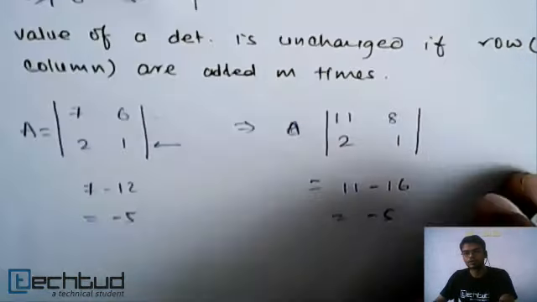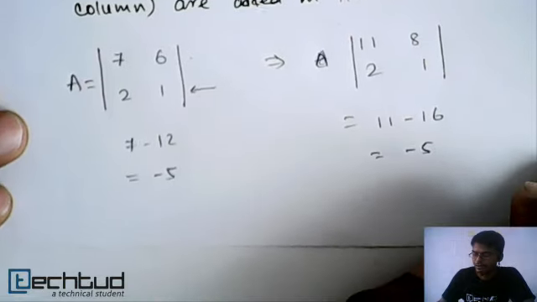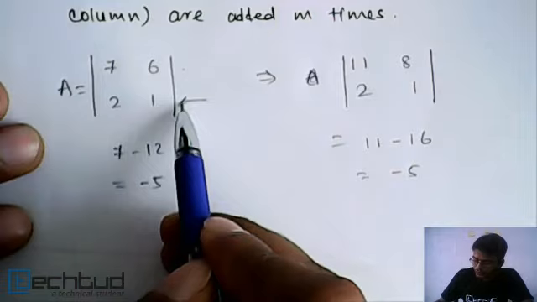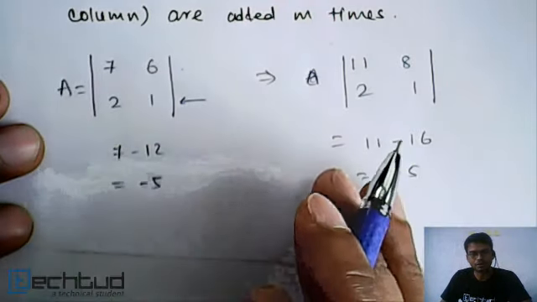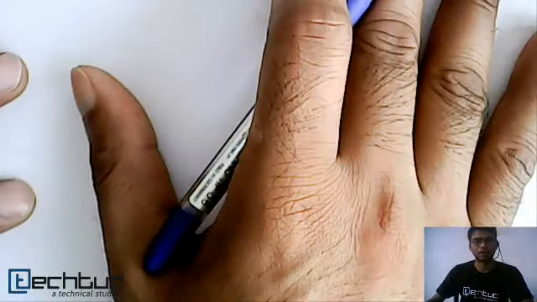So it means that if we add, or even subtract, a row or a column to another row or column multiple times, the value of the determinant will be unchanged. Fine, so let's come to the next property.